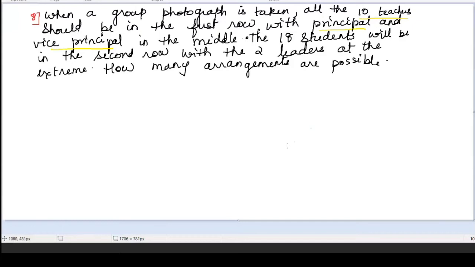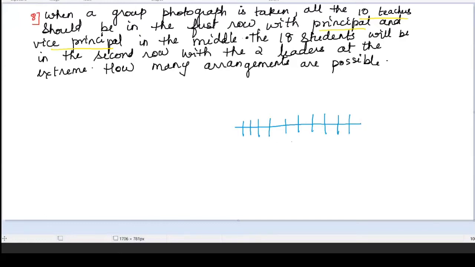So now suppose I mark this as the first row. In the first row, how many total? 10 teachers. So here 1, 2, 3, 4, 5, 6, 7, 8, 9, 10. Among them, principal and vice principal have to be in the middle.